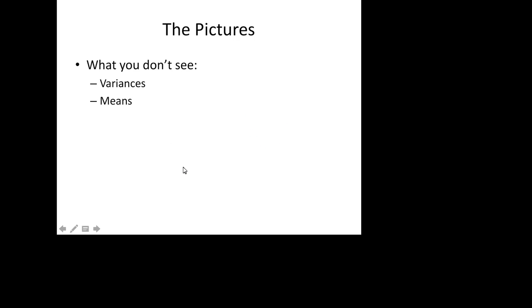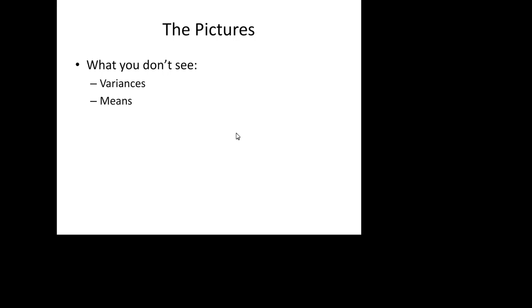Okay. What you don't see when you look at these model pictures is that we're actually estimating means and variances. So these models are estimated based on the covariance between items. And so we're actually going to enter on a lot of these in lavaan, which is the package we're going to use in R, the covariance or the correlation table.